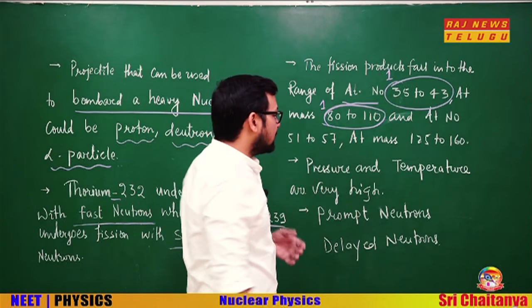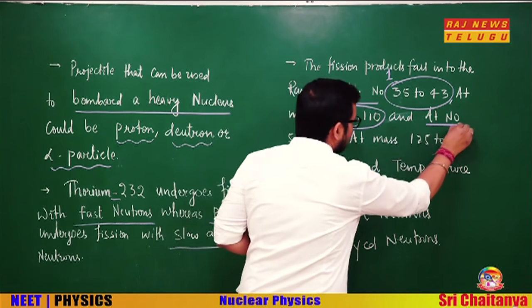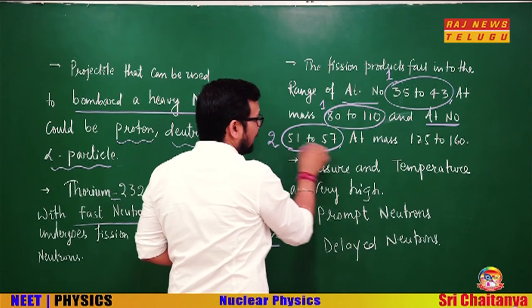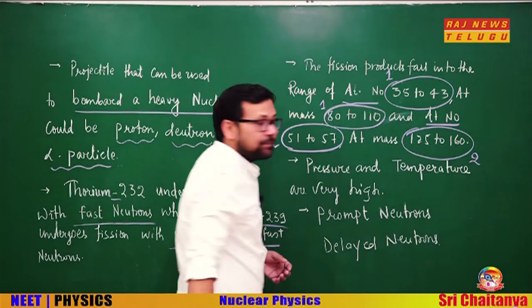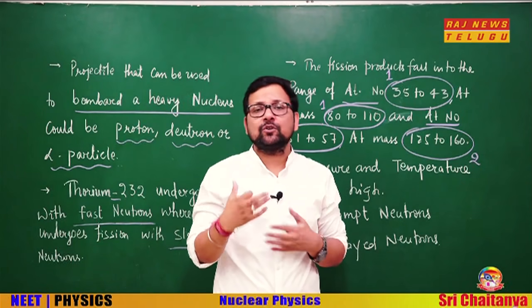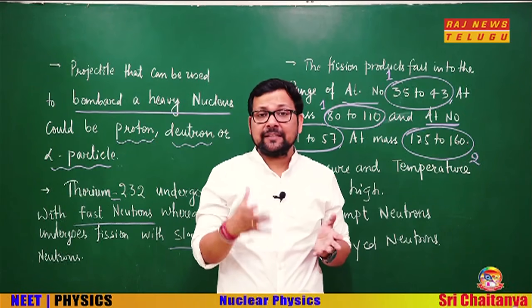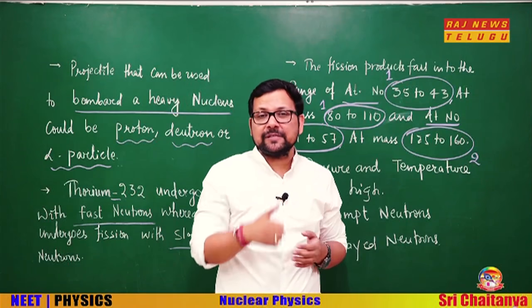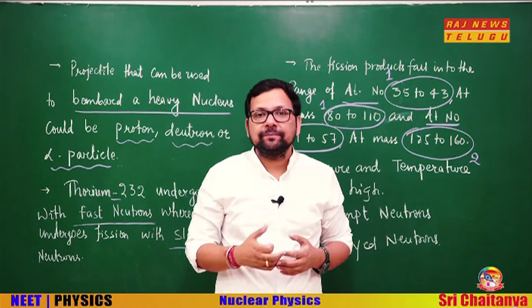And the second range, like barium, krypton, you can check it out with this: atomic number 51 to 57 and atomic mass 125 to 160. So these are basically the two ranges. Any combination of these two ranges could be there in a product. And obviously energy will be released. Let me tell you, the energy released in nuclear fission is released as kinetic energy of the products.